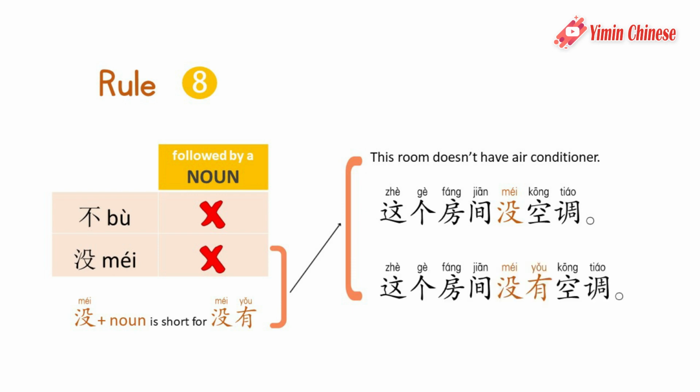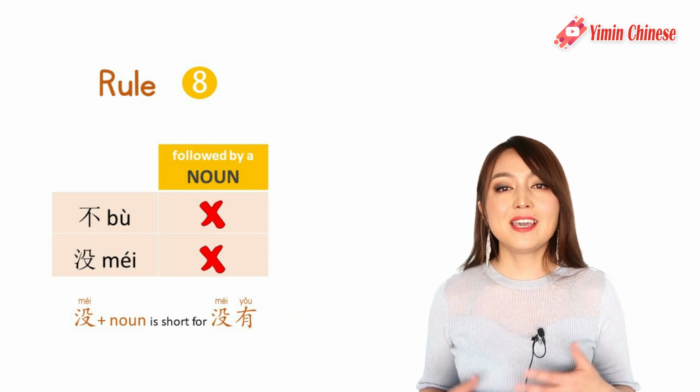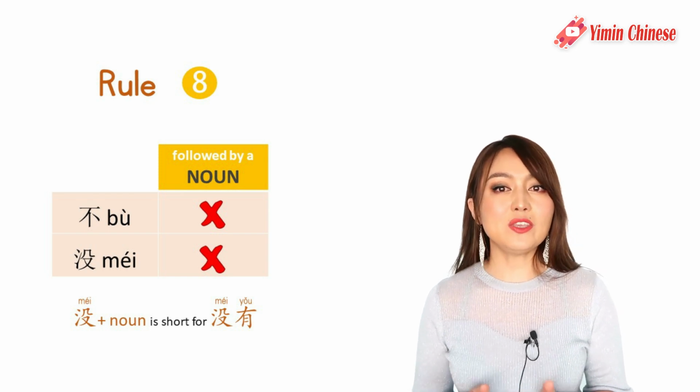But it's just short for the sentence 这个房间没有空调. It's like we skipped 有. You can think of this as an exception to the main rule that both of them cannot be followed by a noun. When you see 没 followed by a noun, it's just short for 没有.